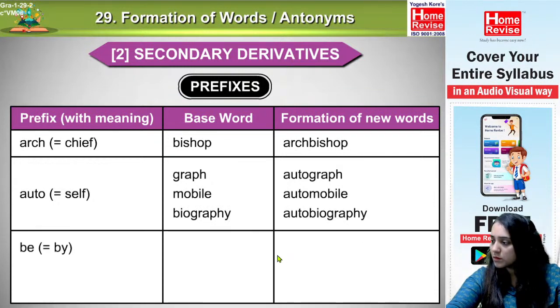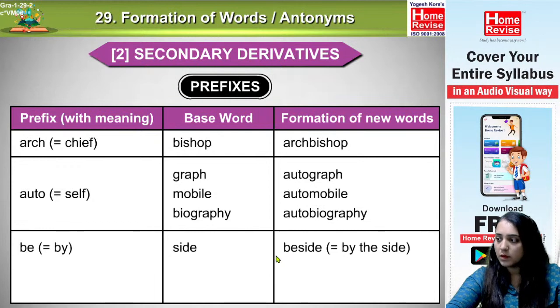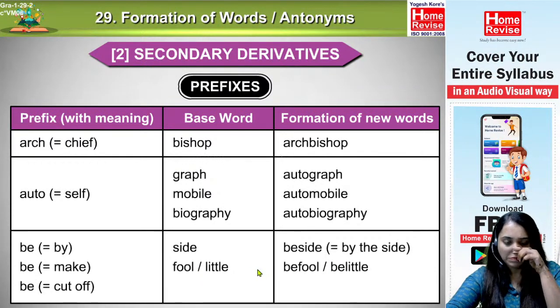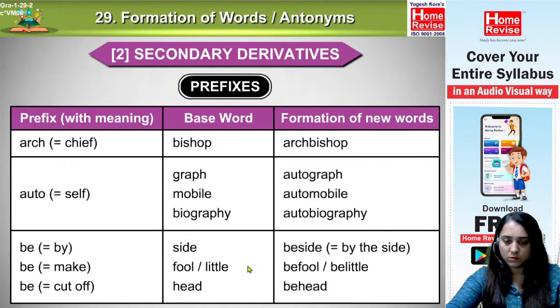The prefix be, meaning by, added to side, forms the new word beside, meaning by the side. Be, meaning make, prefixed to fool or little, forms befool or belittle. Be, meaning cut off, prefixed to head, forms the new word behead.